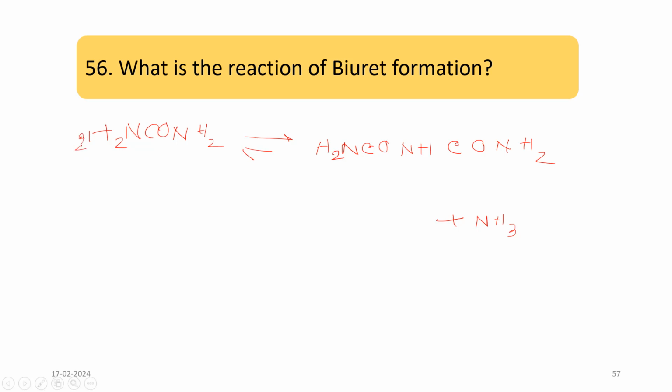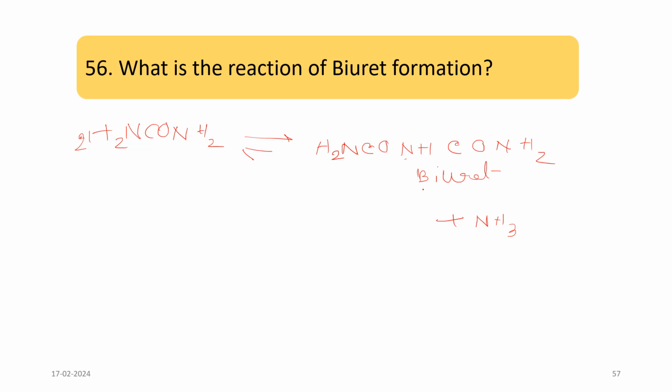Two molecules of urea will be decomposed to this burette and this NH3. So after production of urea, suppose higher temperature is there in the reactor, then it decomposes to burette. So this is not expected. This is the disadvantage of keeping high temperature, so we have to avoid the high temperature. But again, burette formation follows this reaction.